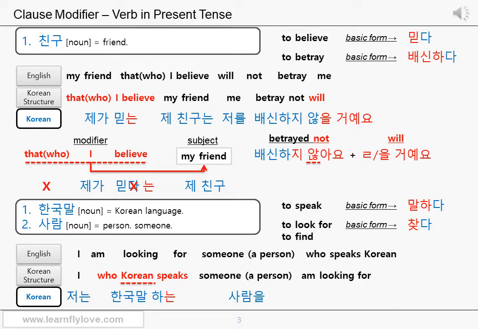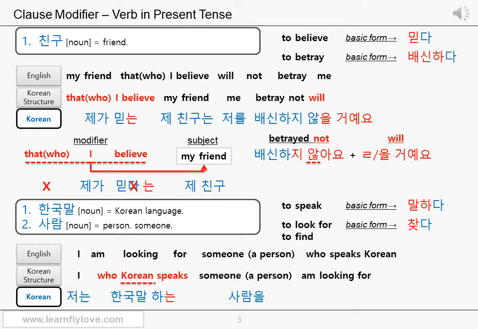If it's okay to use 누구, it might be okay to use the higher respect form of 누구, 어떤 분. Yes, you can use it. But it sounds like you know who he or she is when you use 누구 instead of a person, 사람. When you use a person, 사람, it sounds more like you are looking for an unspecified person. So let's use a person, 사람.